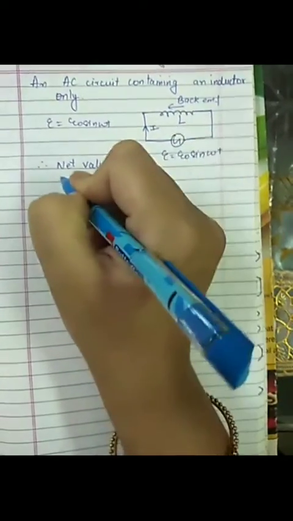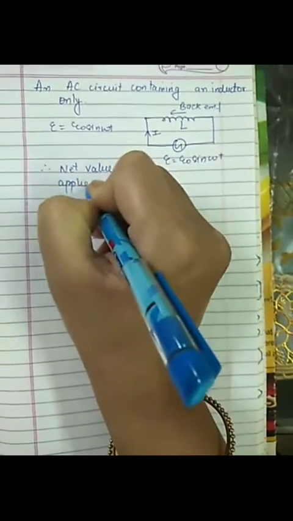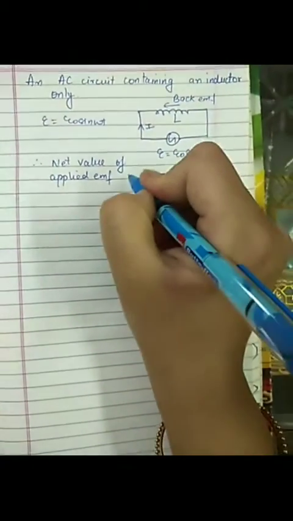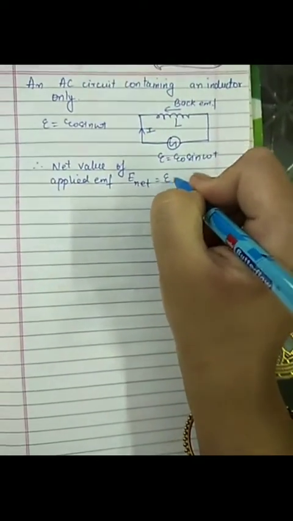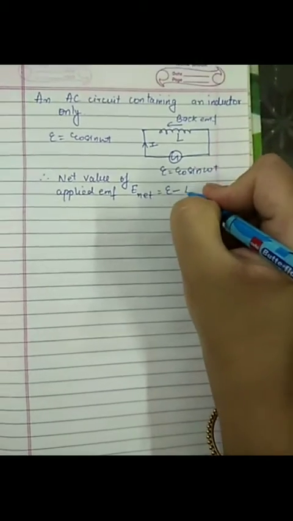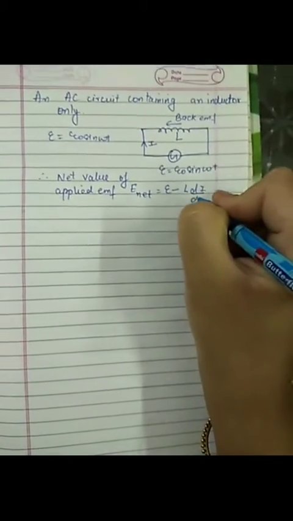So, the net value of applied EMF at instant t is given by E net equals epsilon minus L di upon dt, where L di upon dt is the back EMF across the inductor.